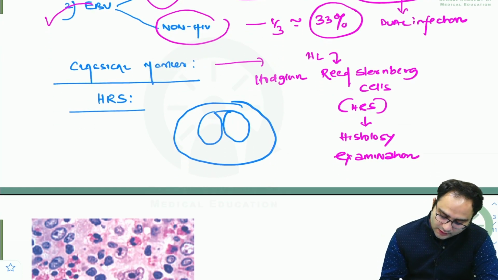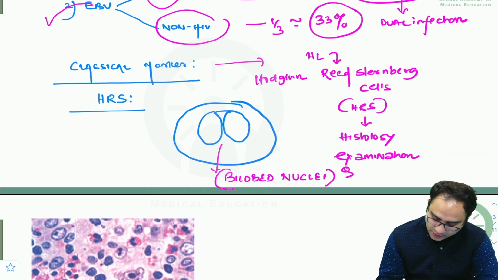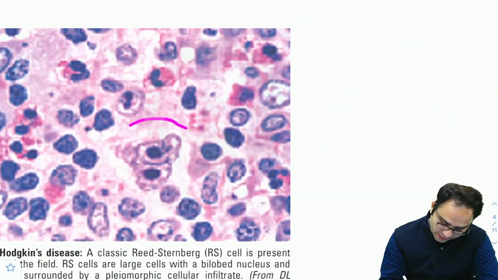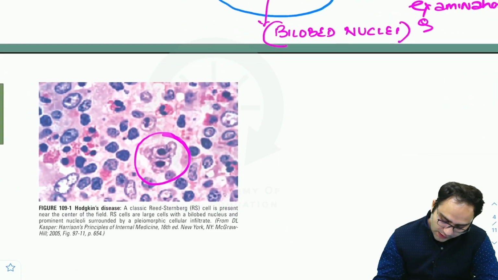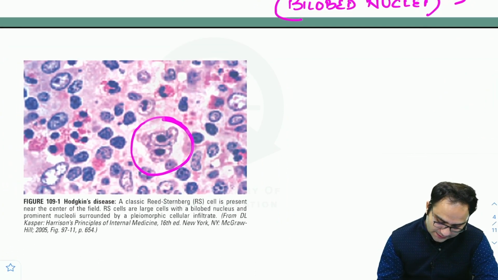So if you look at the image, how does a classical HRS look like? Well, it basically has a bilobed nuclei. And if you look into this diagram, you can see that there is a bilobed nuclei in the center with a background of so many inflammatory cells.